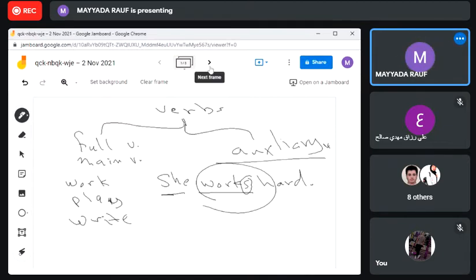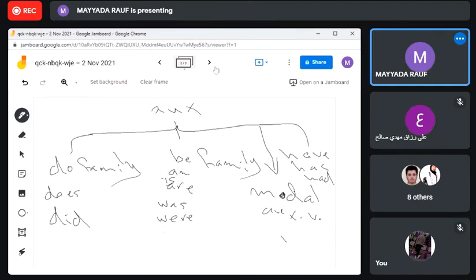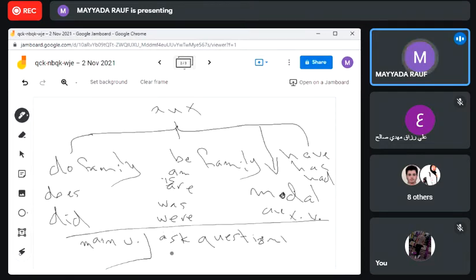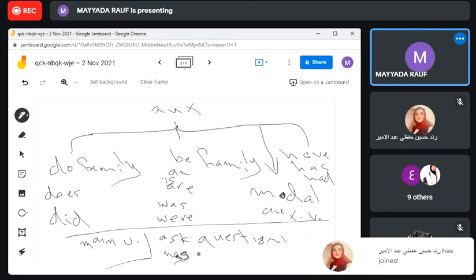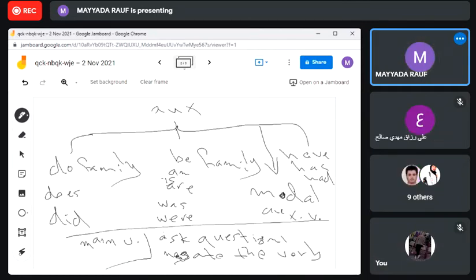So auxiliaries, all of them, can be used sometimes as a main verb, and in general the basic function is to ask a question and to negate the verb or the sentence.